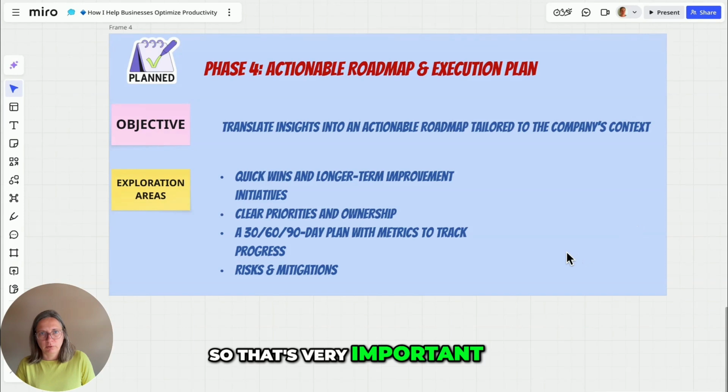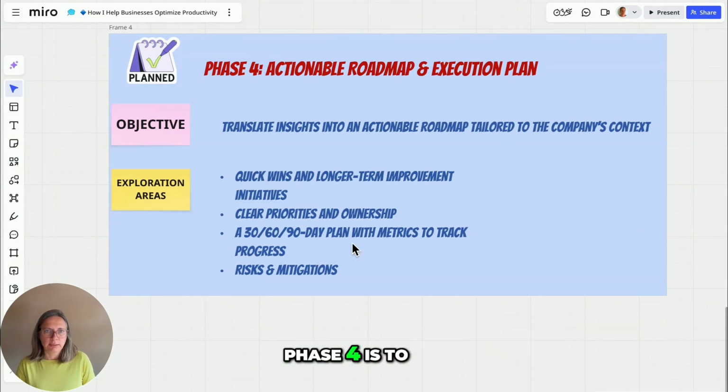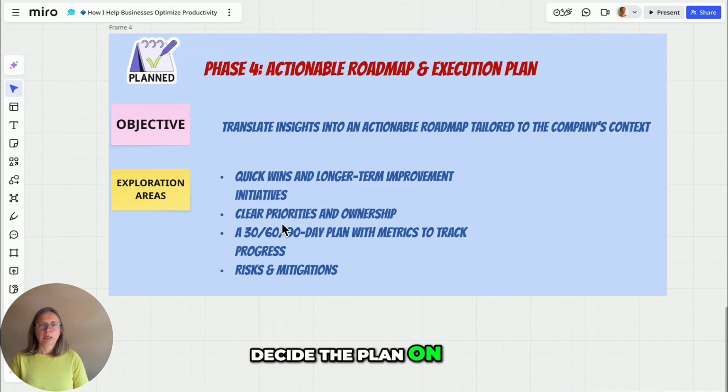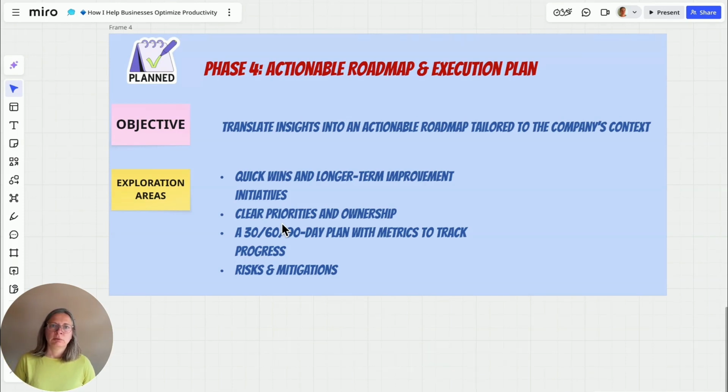So that's very important. Also crucial in phase 4 is to have that conversation with the leadership team and with anyone who can influence and decide the plan on what we want to focus on.